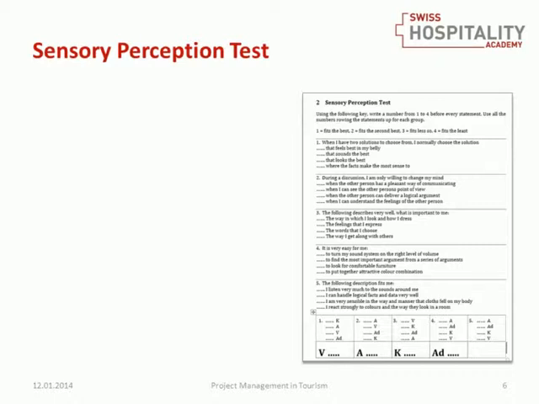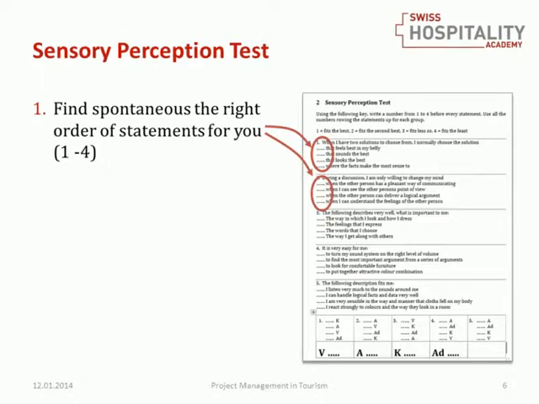So first step, you take page 5 in the textbook. There you see 5 statements. For example: when I have 2 solutions to choose from, I normally choose the solution... and then you can choose one of the 4 comments you have. You have to rank them in the way which fits best for you.